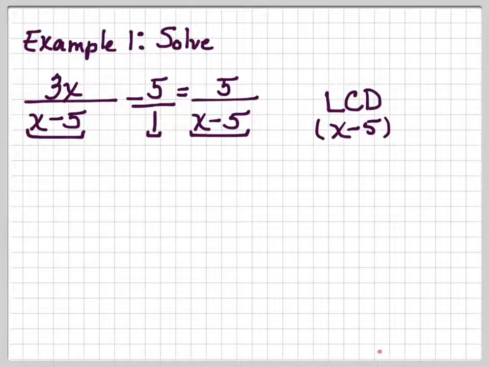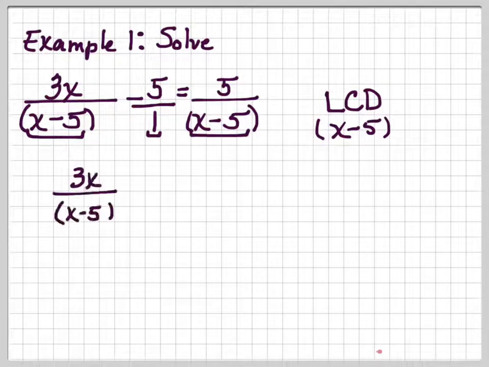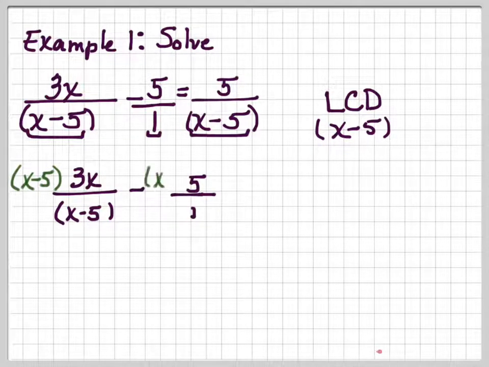Notice that I put it in parentheses, and I'm going to go back and put all those in parentheses. The reason is in case you have to multiply that by a number, especially a negative number, you're going to remember that you're actually using the distributive property. So we are going to rewrite this and put x minus 5 times each one of these things.